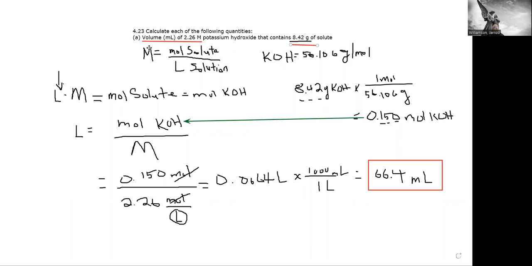So what I did is I took the molarity equation, rearranged, and solved for volume.